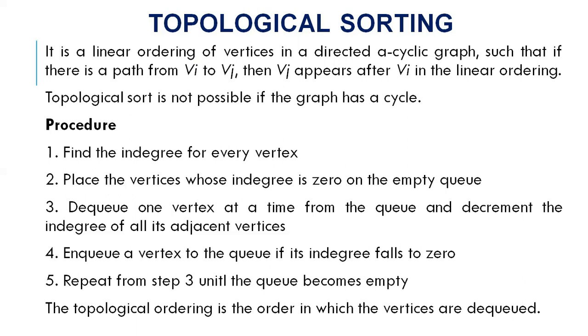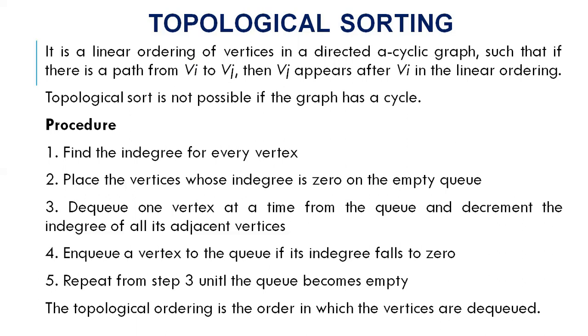So we remove one vertex from the queue and decrement the in degree of all of its adjacent vertices, not the current vertex. Step 4: enqueue a vertex to the queue if its in degree value falls to 0.